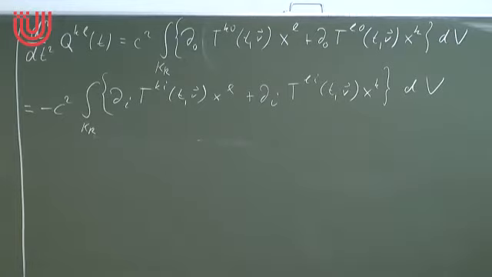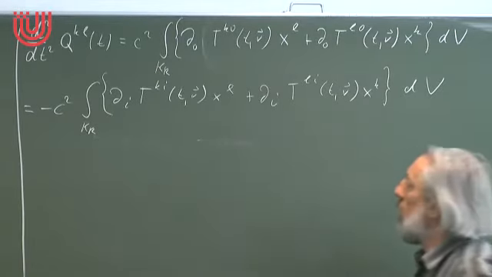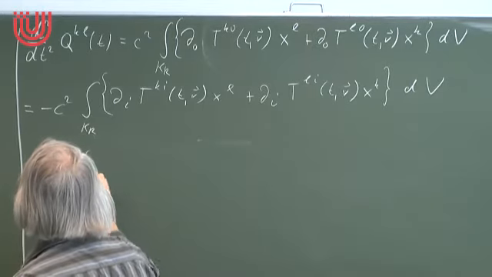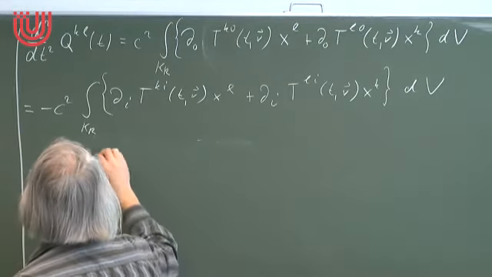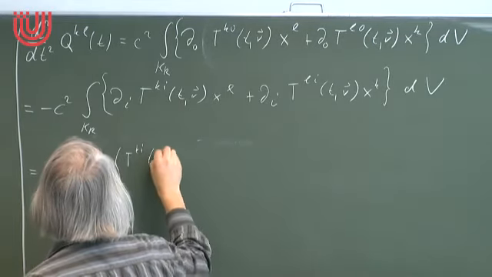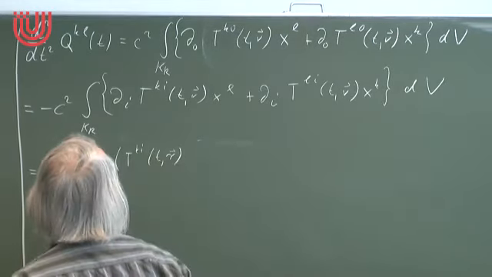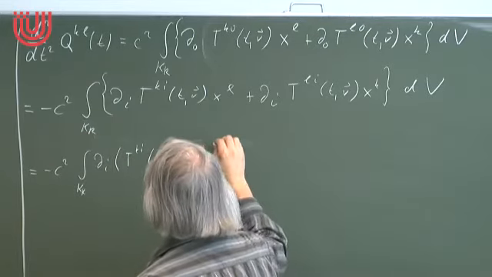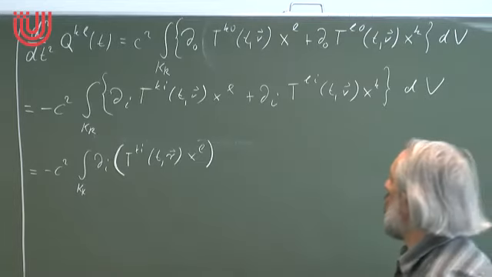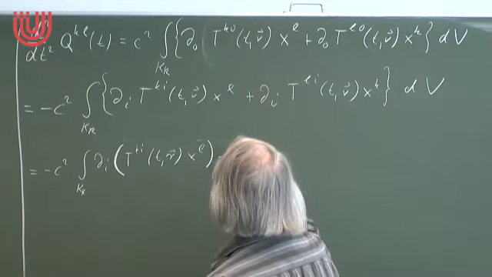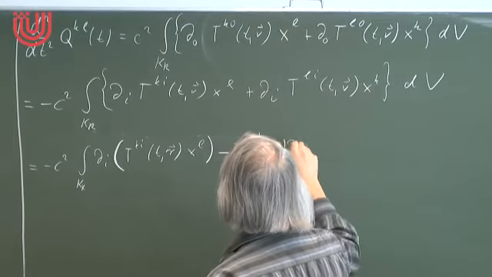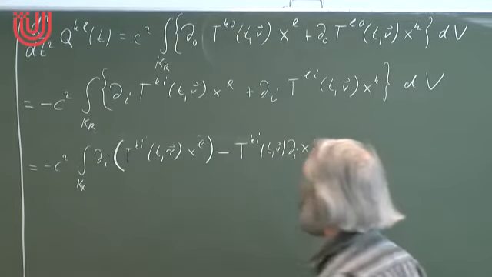And again, I want to use the Gauss theorem. So I write everything under the derivative and use the product rule. So then I get ∂_i of T^{ki}(t, r) x_l, everything under the derivative, minus a term which I have added. That's T^{ki} ∂_i x_l.